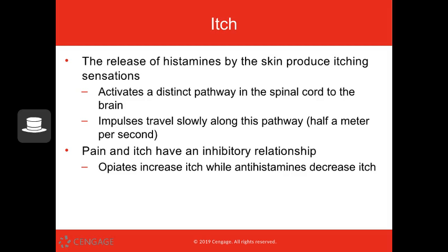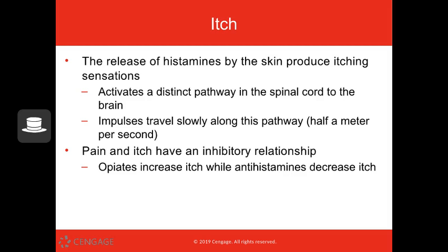Allergies and other things can release histamines in the skin, which are going to produce an itching sensation. They activate distinct pathways in our spinal cord, which go to the brain, and these impulses travel slowly along this pathway, half a meter per second. That's about two-ish seconds for most of us to get through the entire length of our spine.